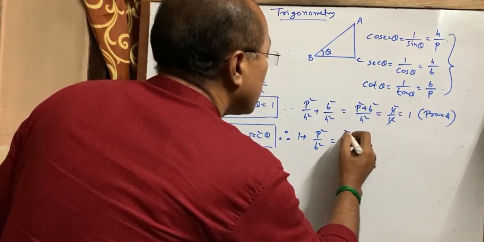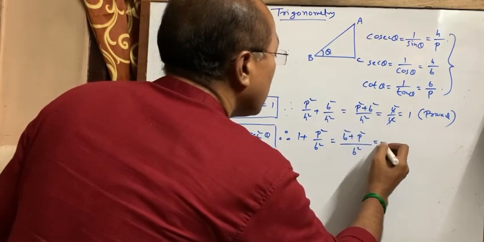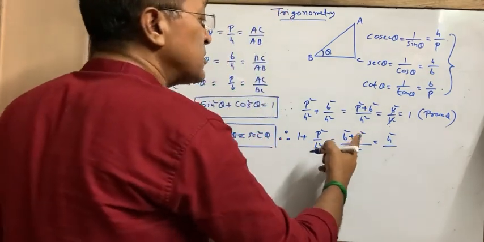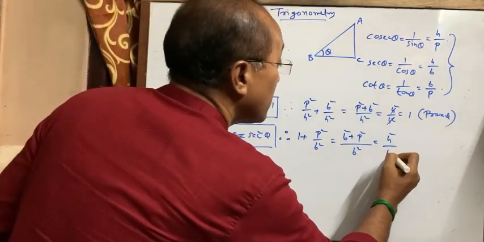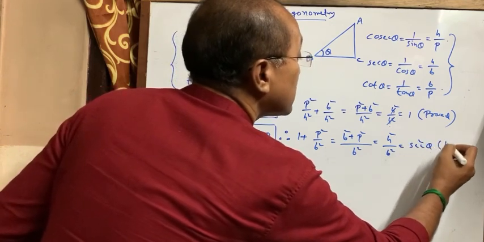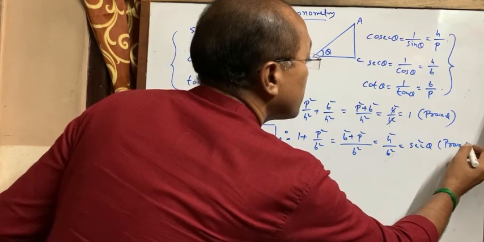So this one is coming like, all of you know base square plus perpendicular square is hypotenuse square. So ultimately this one is coming as sec square theta.